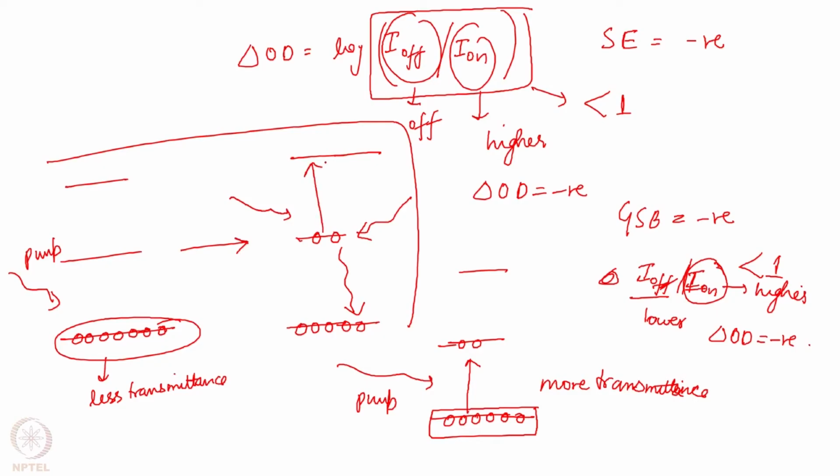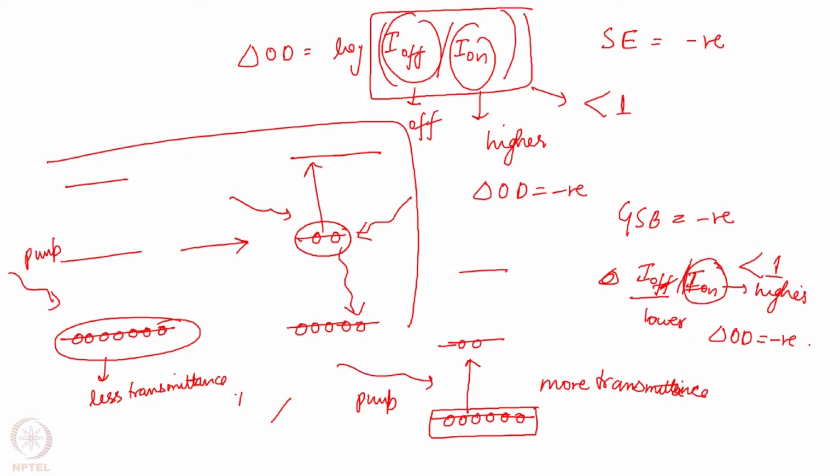So now the probe will be absorbed much more when the pump is on, because this population is created only when the pump is on. So when the pump is on, there will be some population in this state, and the probe will be absorbed more by this process. So the intensity of the transmitted probe will be less in this case, that is, when the pump is on.